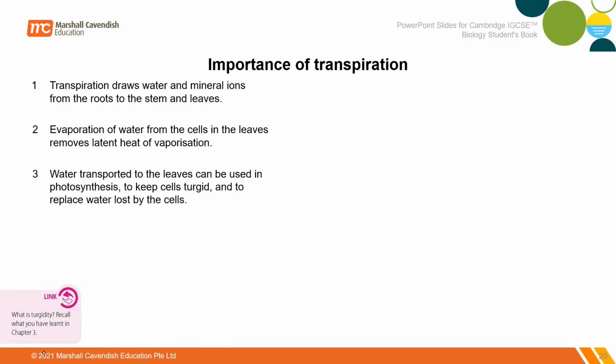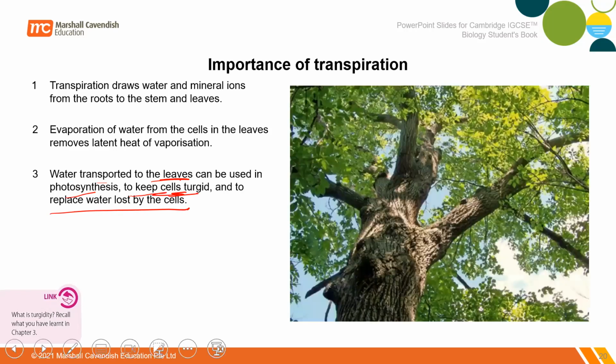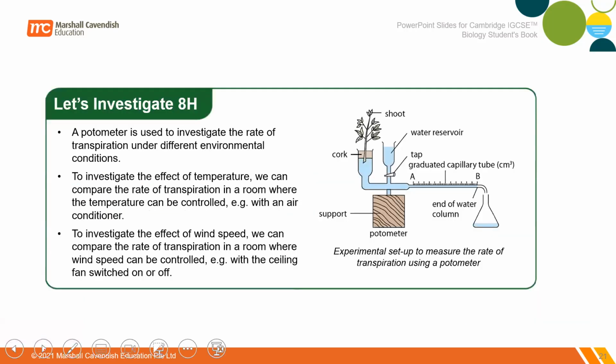Water also transported to the leaves can be used in photosynthesis. So in order to keep cells turgid and to replace water lost by the plant, we have to transport more water to the leaves. This is the importance of transpiration.